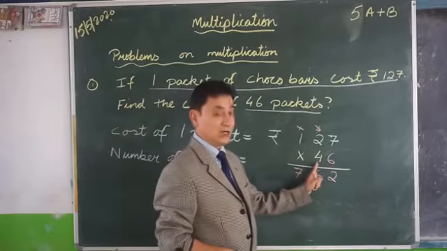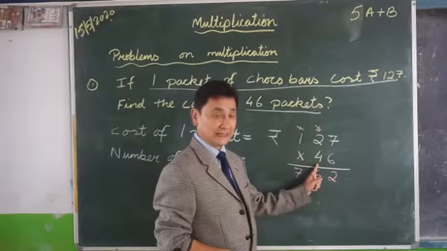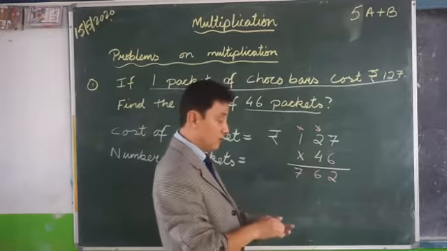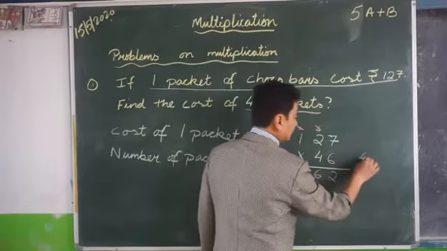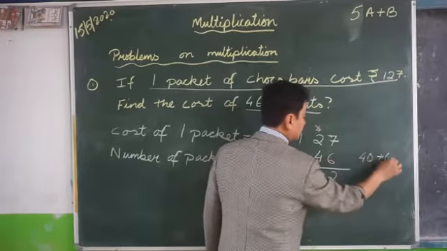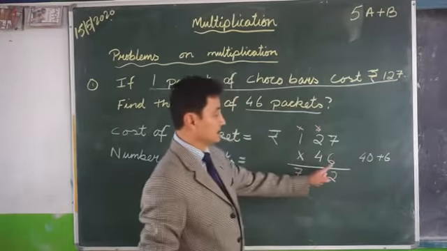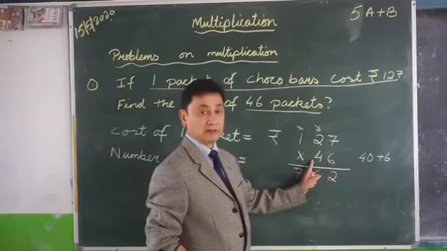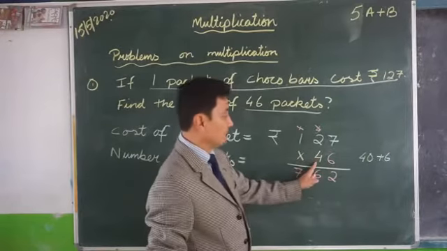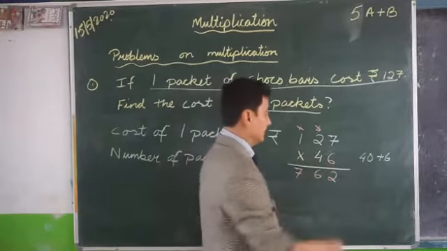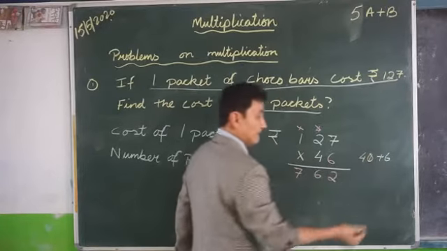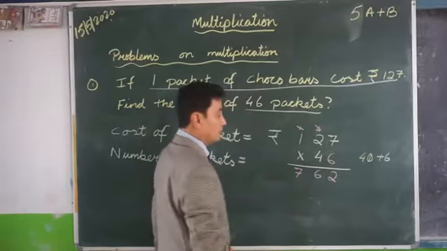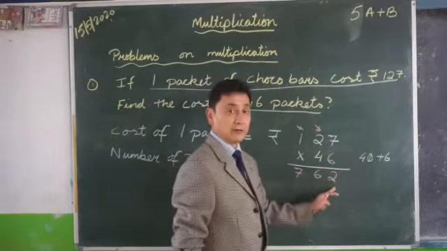Remember, the value of 4 is 4 tens. When we expand this, 40 plus 6, we have finished multiplying with 6. Now we multiply with the tens. The value of 4 here is 40. So we have a habit of just putting a cross, but we don't know from where the 0 or the cross came.